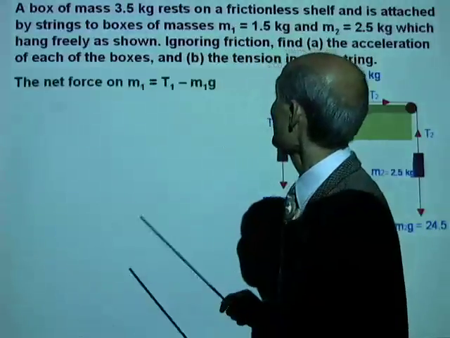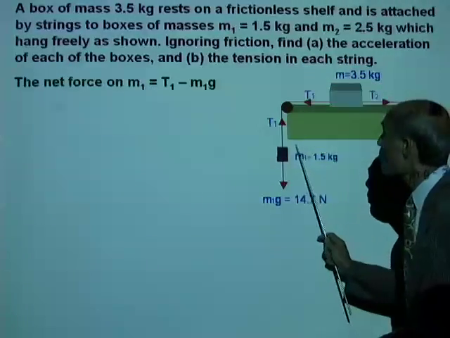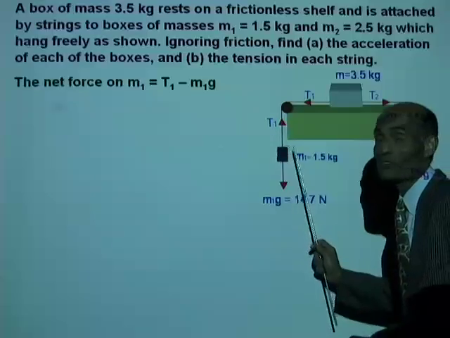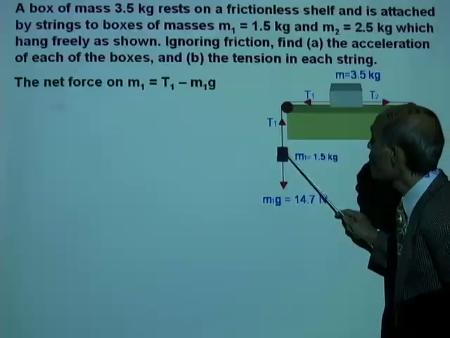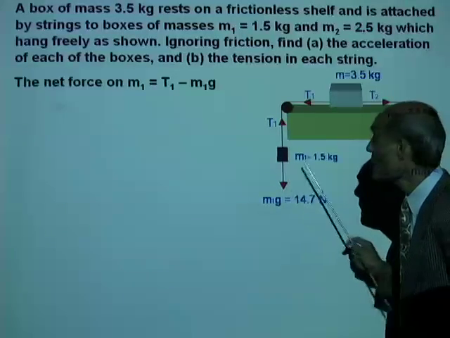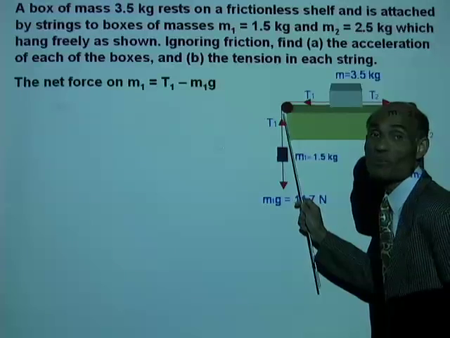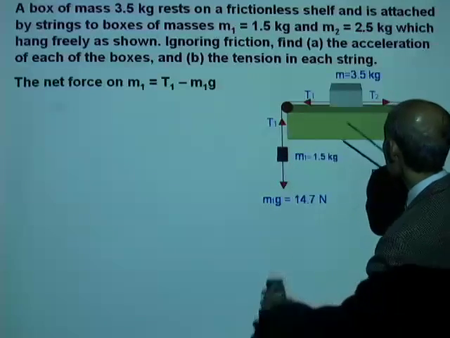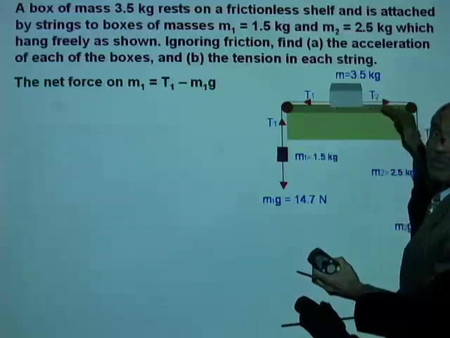Okay? The net force on M1. Let's talk about M1, this mass. What is the net force on this M1? The weight M1G is acting down the plane. The tension T1 is acting up. And we would assume that the system moves from left to right.